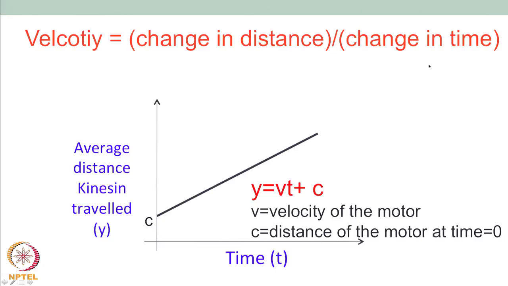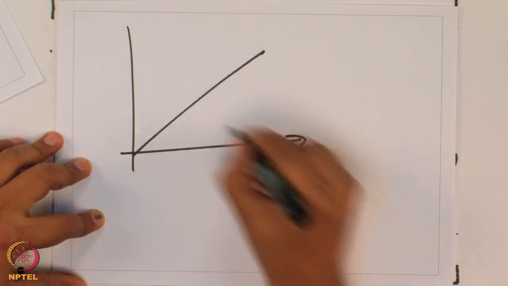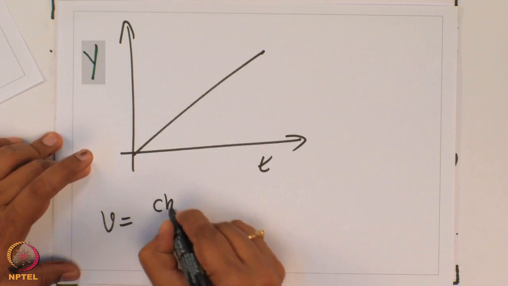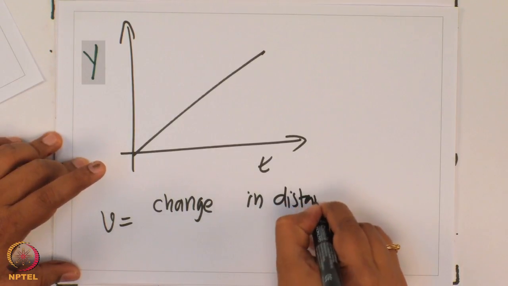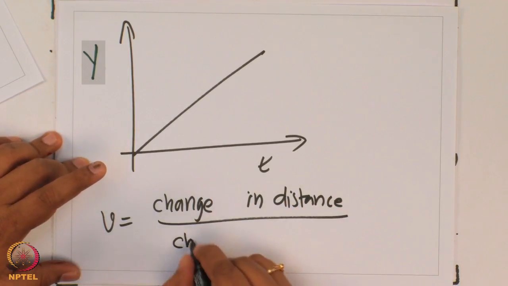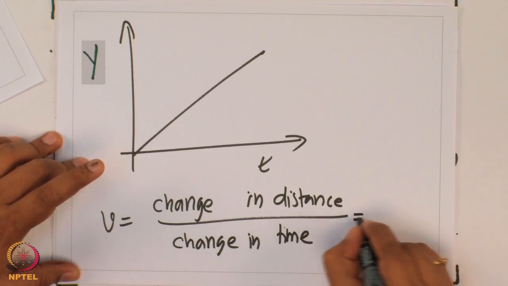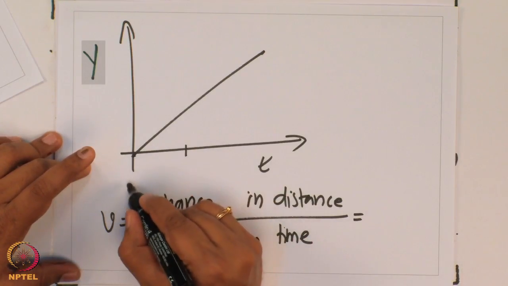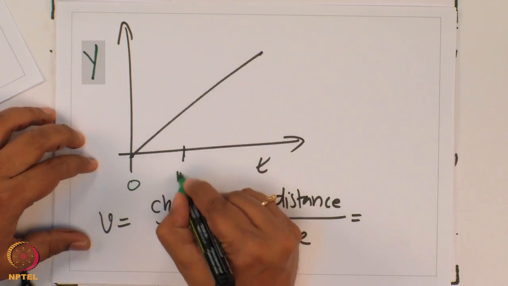If you have a y-t graph, so this is t and this is y, I can write velocity as change in distance by change in time. That is, at t equal to 0, so this is 0 and this is 1 minute.